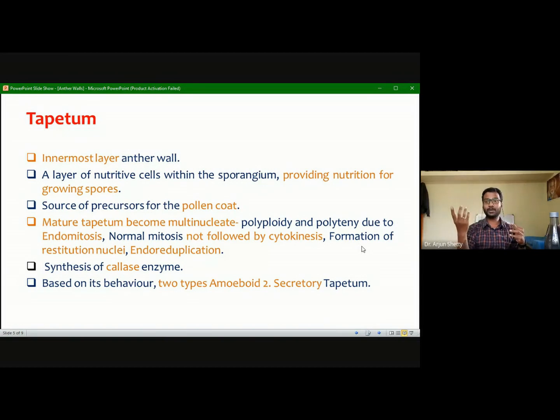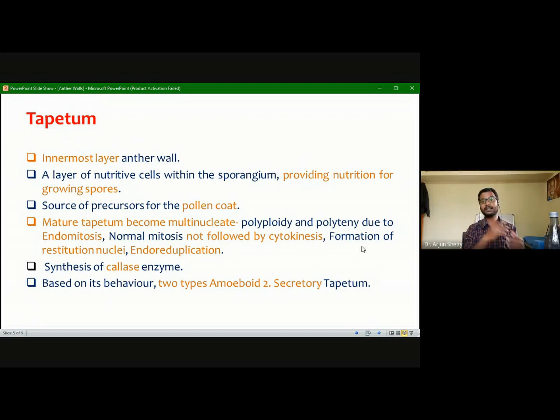And endoreduplication is again a nuclear aberration, where a single nucleus duplicates its chromosomes repeatedly without causing any damage to the single cell. These are the four factors.